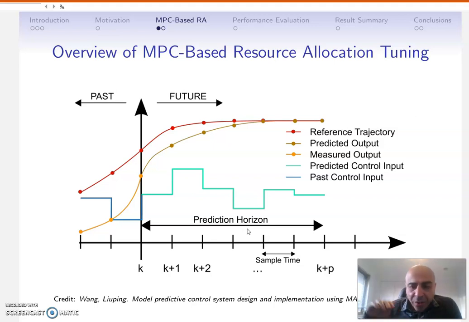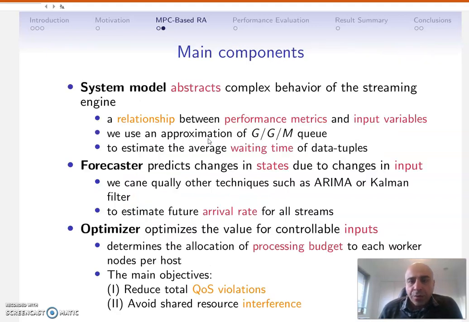So it gradually tries to minimize the gap between the target and the predicted and measured output. In our model, the main components are, first, a system model that predicts the behavior of each buffer and the response time in stream processing.